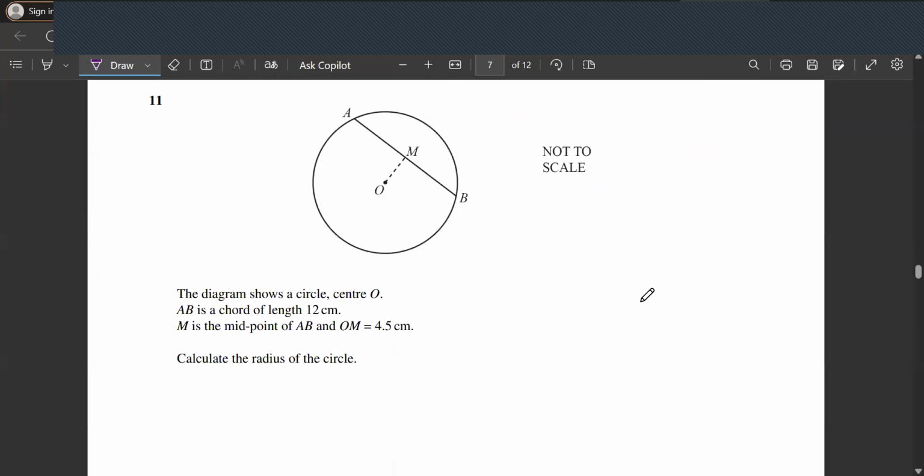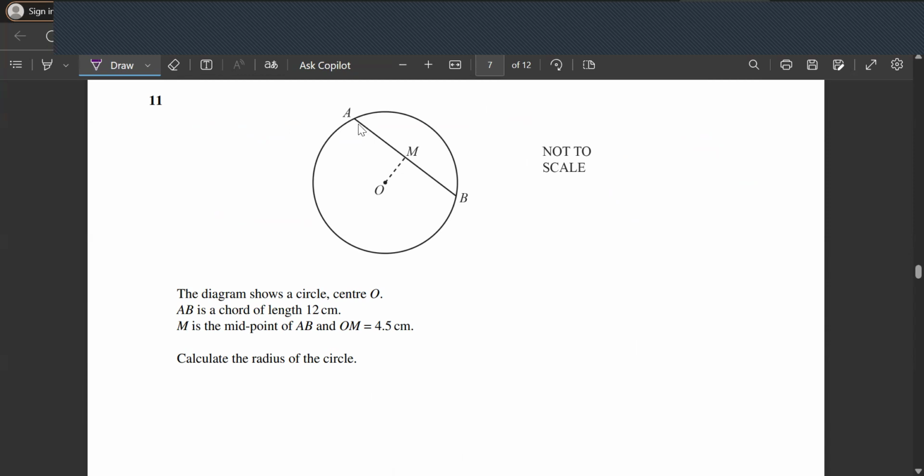Question number 11. Look here, he's giving you AB is a chord of length 12 centimeters and M is the midpoint of AB.